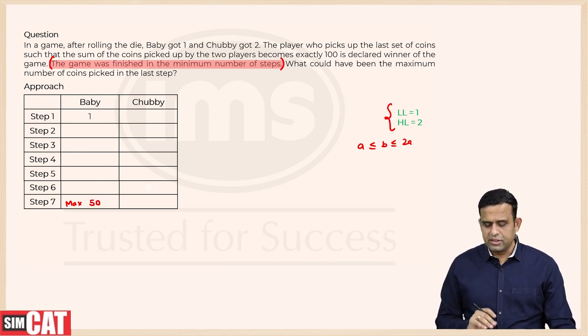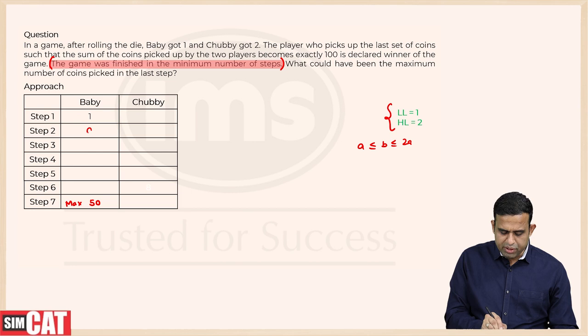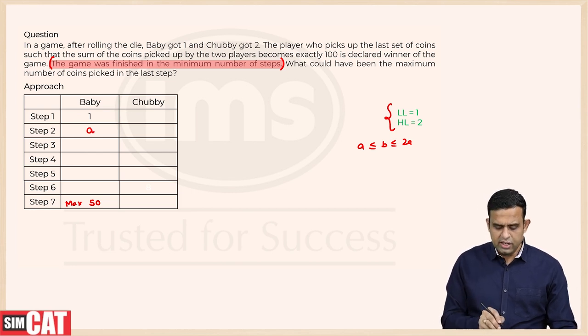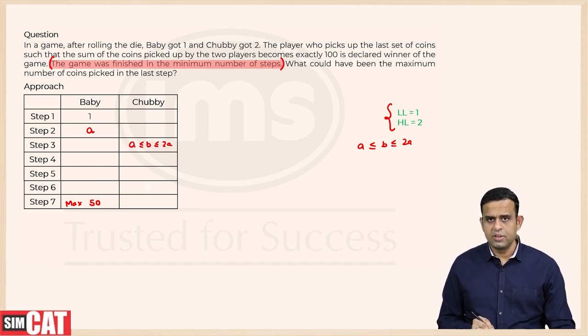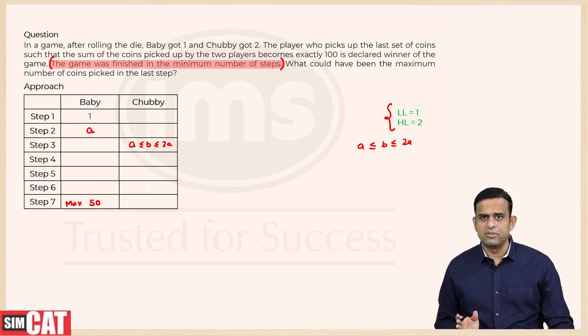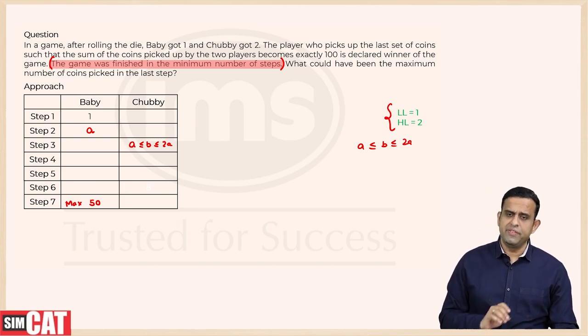Now please understand one thing. Suppose in a particular step I have picked a number of coins A, then in the subsequent step, the number of coins which can be picked will be between the number A and the number 2A. So it will be at most twice the number, and at lowest equal to the previous number.